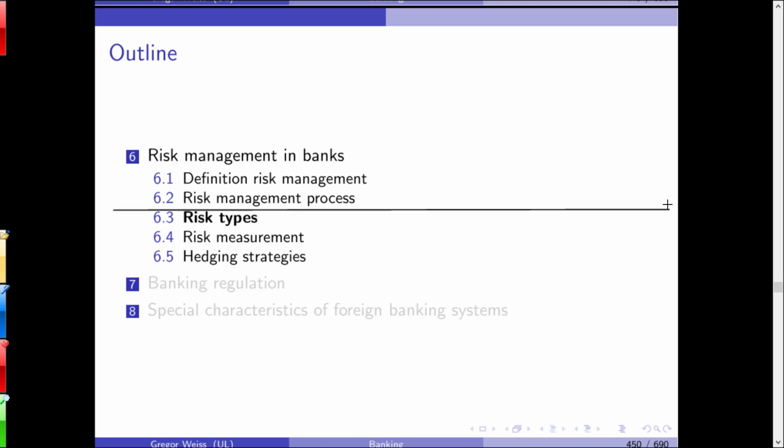And what they did is they said, let's put all bank risk into 3 categories: market risk, credit risk, and everything else, which we now define as so-called operational risk, op risk.